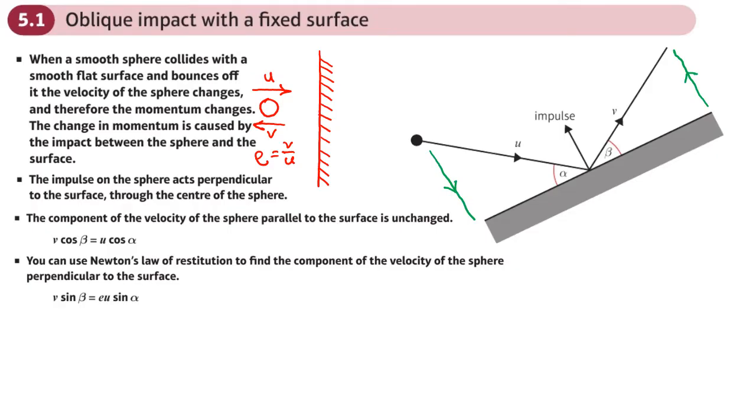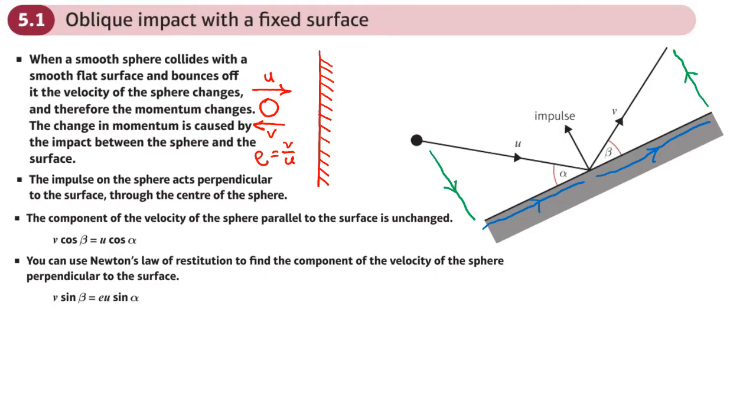And these blue arrows would be the components of the speeds which are parallel to the fixed surface. So we're going to be looking at things which are perpendicular and parallel. Let's just write on what these components are.